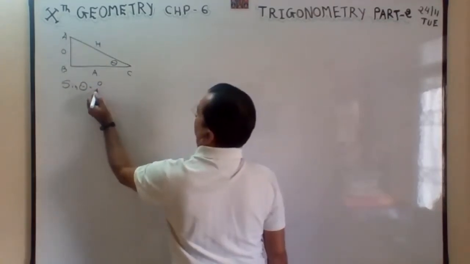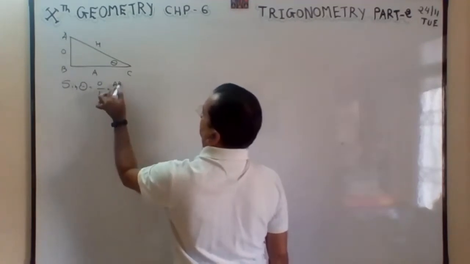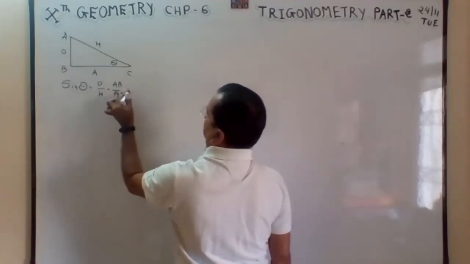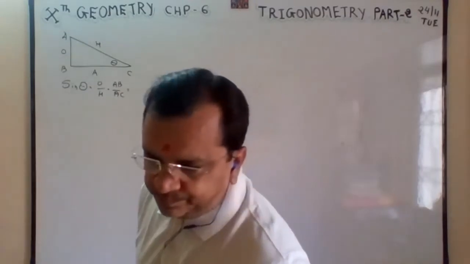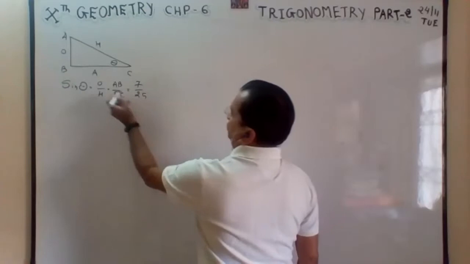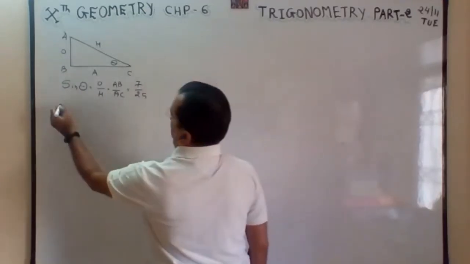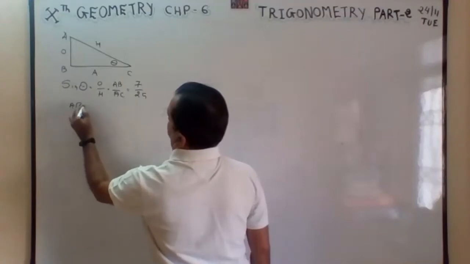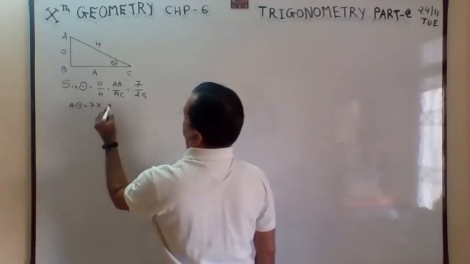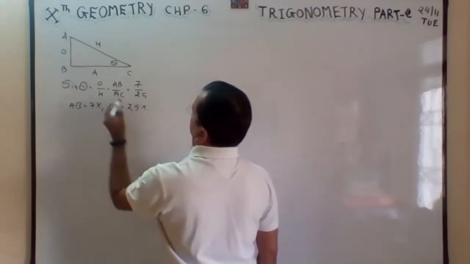So opposite by hypotenuse, that is AB by AC, and that is given 7 by 25. So you can't take AB directly equal to 7. Therefore, AB is equal to 7x, AC is equal to 25x.